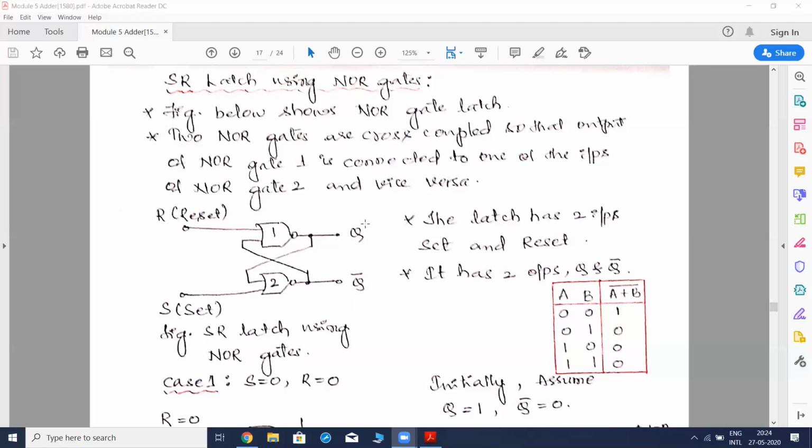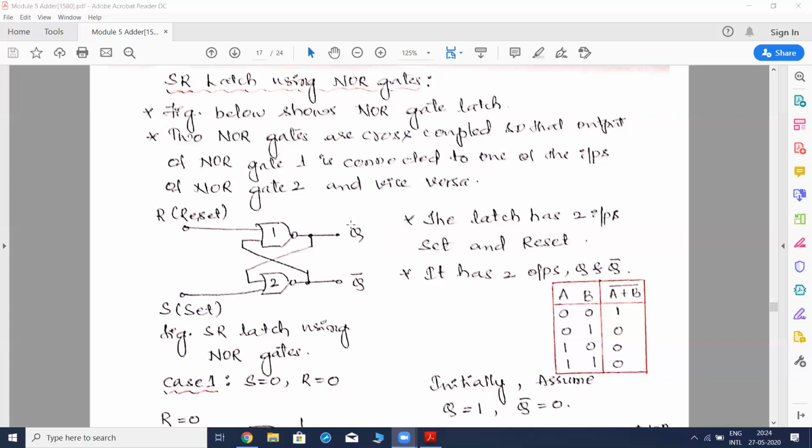Okay, so we have two inputs over here for the SR latch, which are called set and reset. It has two outputs. So what are the two outputs? They are called Q and Q bar. And from the outputs, you could see that they are complement to each other. So this should be the condition.